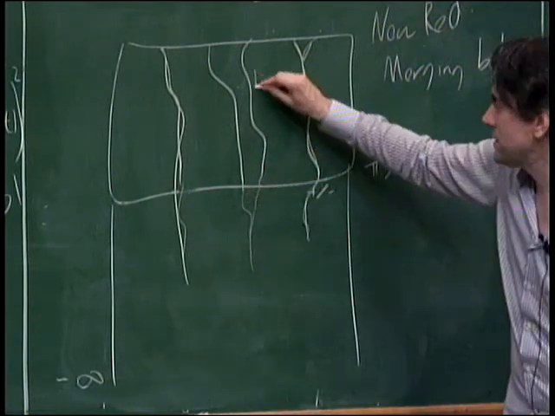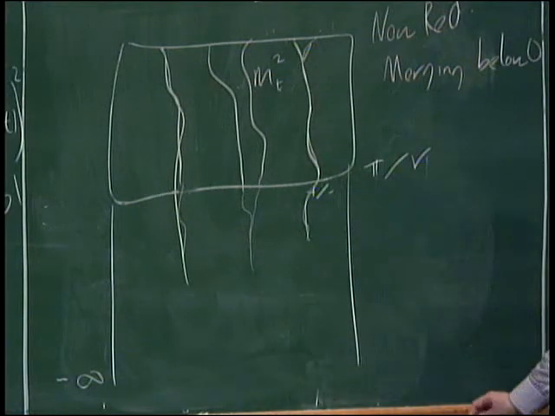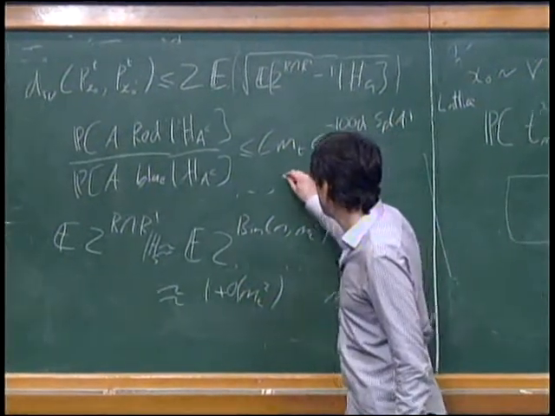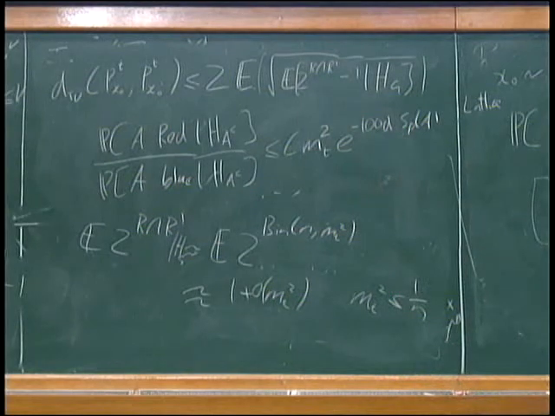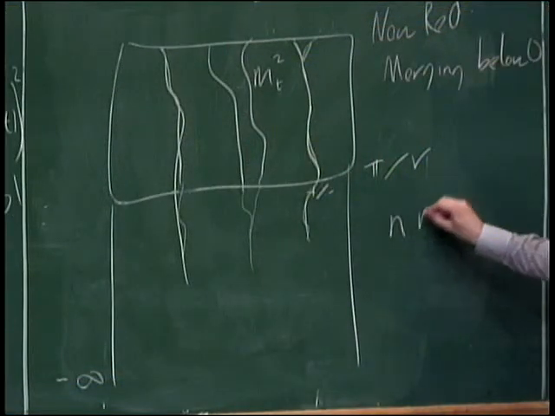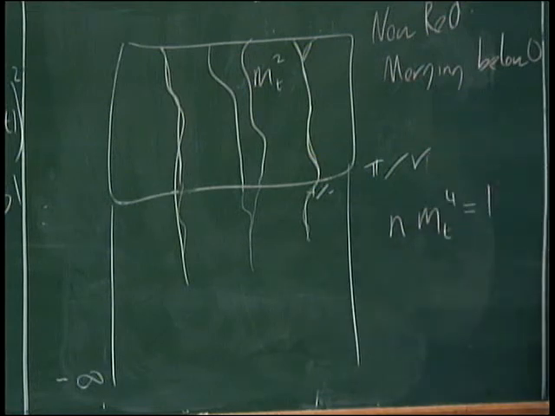So the chance of that is mt squared. And so when we calculate the probability of having a new red variable, we get an extra square here. The mixing time will correspond to the point at which n mt to the fourth is equal to 1. And this is half the mixing time before.